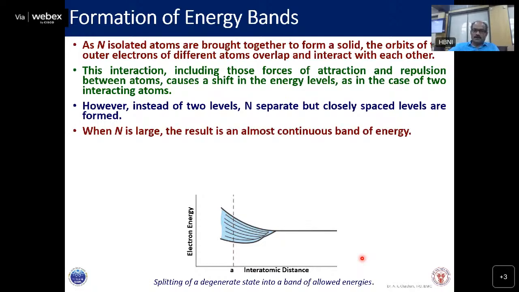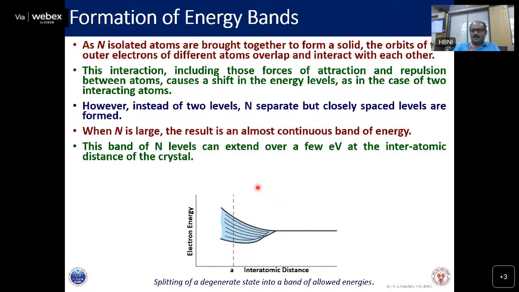Now, if n is very high, then it's almost continuous, but still closely spaced and separate. This band of n levels can extend over a few electron volts at the interatomic distance of the crystal.